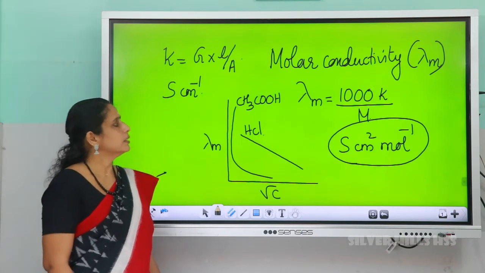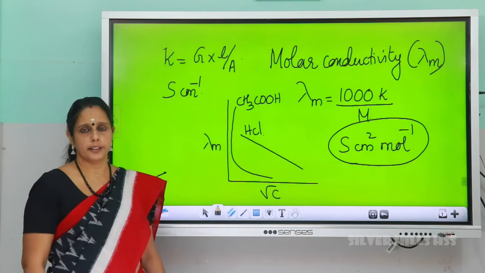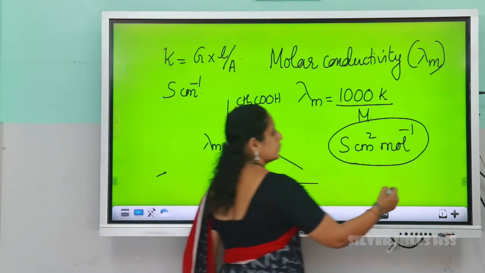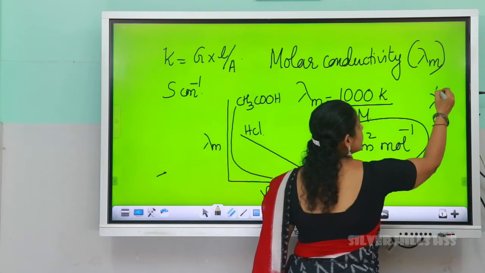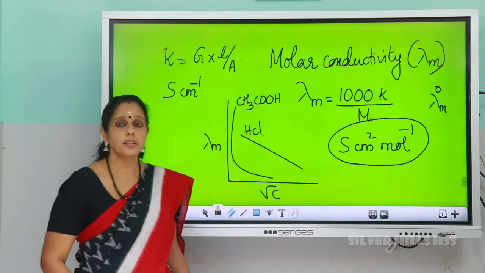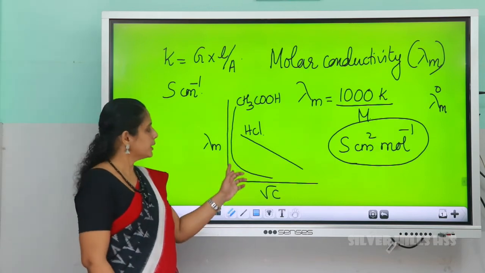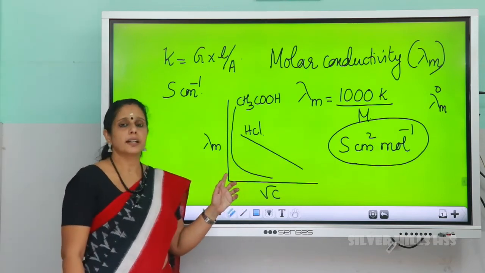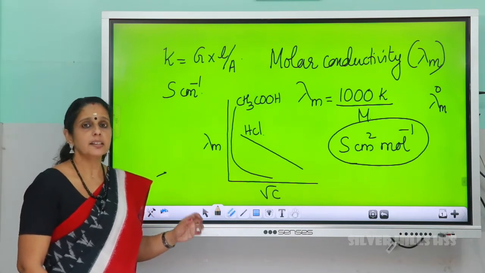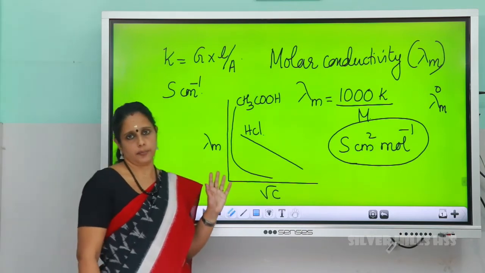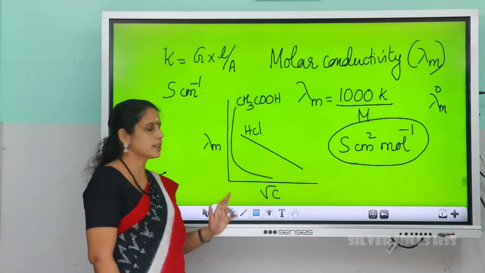Then we are discussing the term limiting molar conductivity represented by lambda m0. Lambda m0 is known as the limiting molar conductivity. Limiting molar conductivity is the conductivity of the electrolyte at 0 concentration. That means y-axis. At y-axis, concentration is 0.